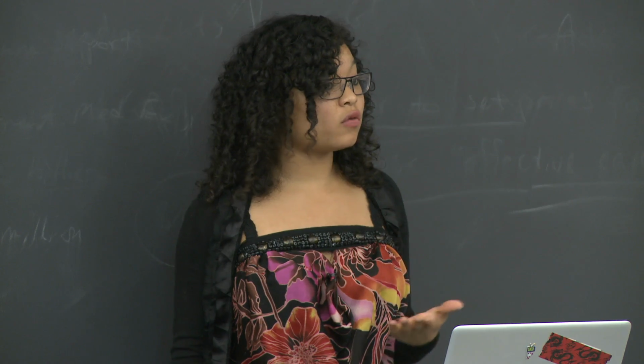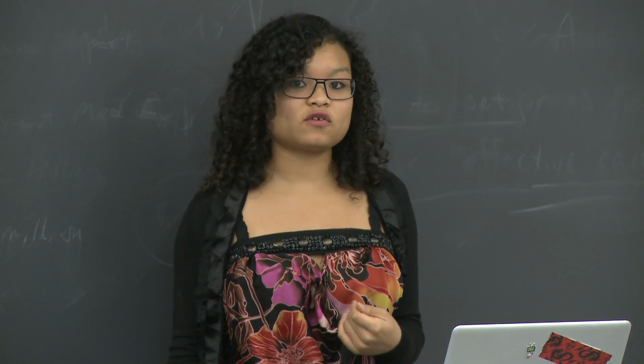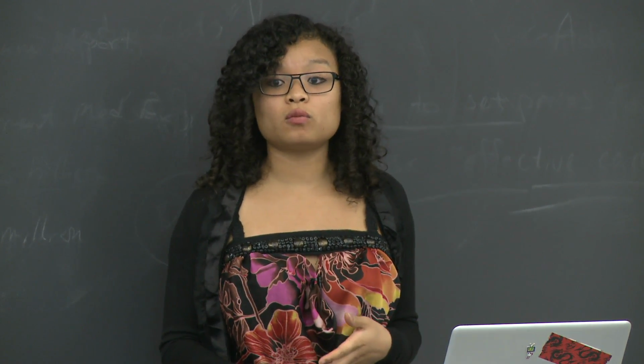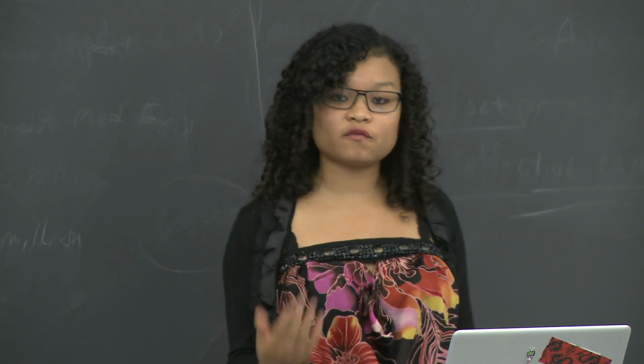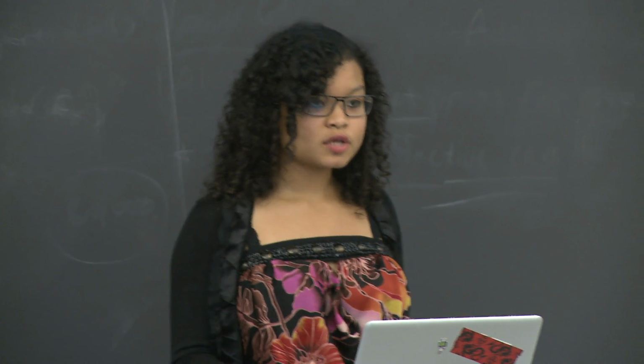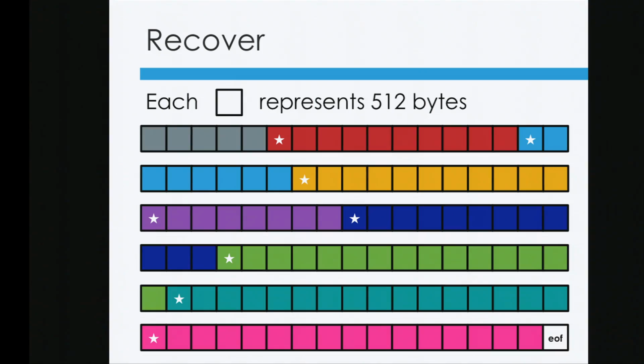The way that you know that you've hit another JPEG is if you hit another star, another starting sequence of bytes. So you have the red JPEG file continuing until you hit a star, which is indicated by a new color. You continue, then you hit another star, another JPEG, you continue all the way until the end. You're at the last picture here, the pink one, and you go to the end until you hit the end of file character.